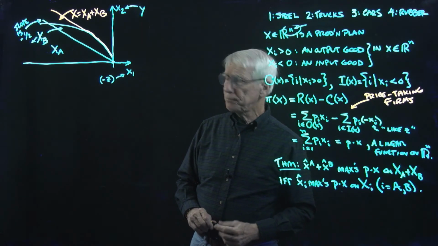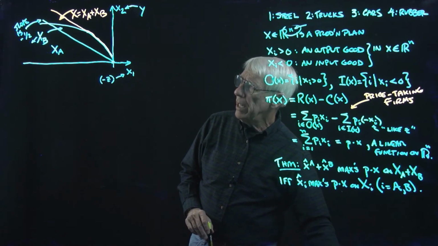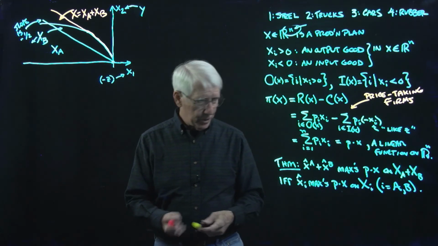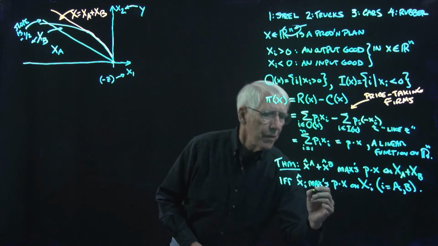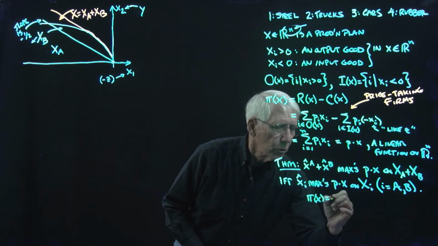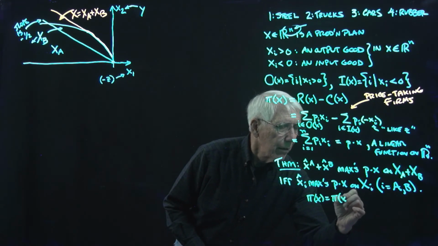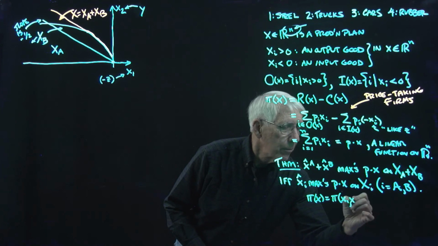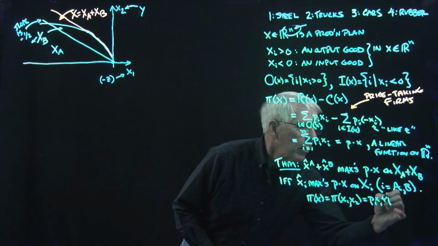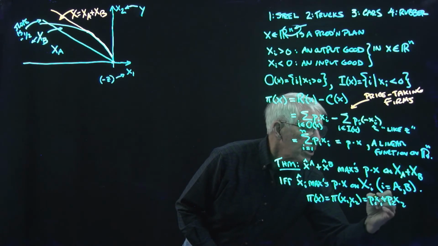And so let's note that, for the two firms, the profit function is just pi of x equals pi of x1 plus x2, which is p1 x1 plus p2 x2.